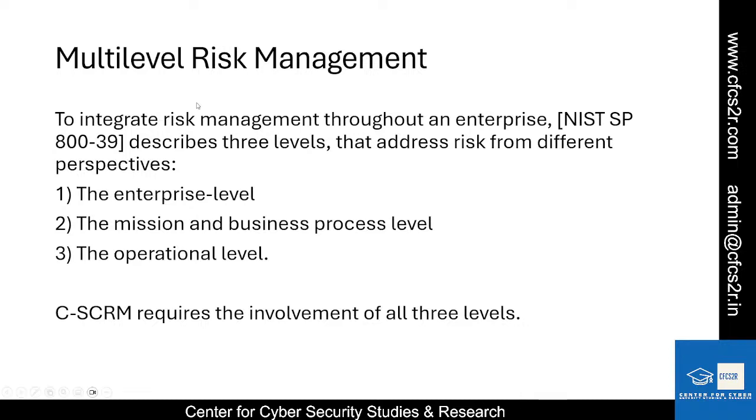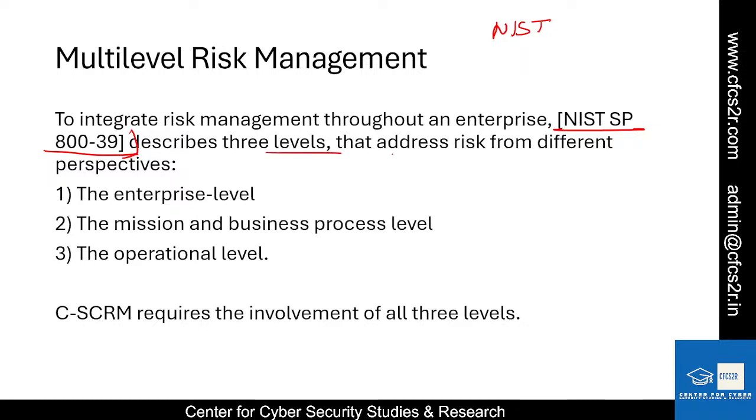For handling the entire cybersecurity supply chain risk management, there is integrated risk management throughout the enterprise. As I've already told you, integrated risk management is enshrined in NIST SP 800-39.